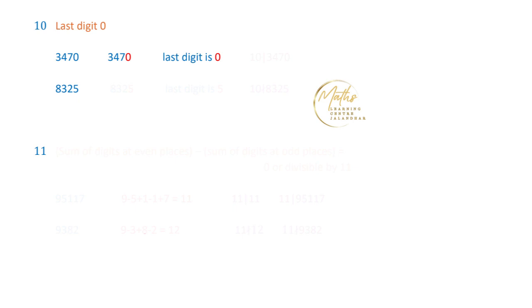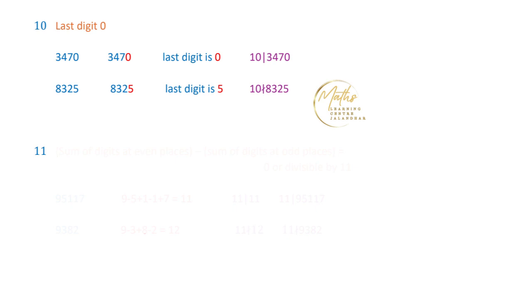It means 10 divides the number 3470. For the second number 8325, the last digit is 5. So we are saying 10 does not divide the number 8325.